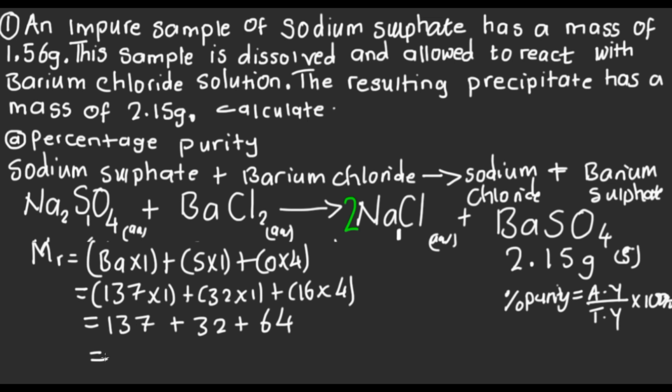So you can now find the sum of these three numbers: 137 plus 32 plus 64, getting 233. So 233 is for barium sulfate. Now let's use mass to mass to come up with our final answer.